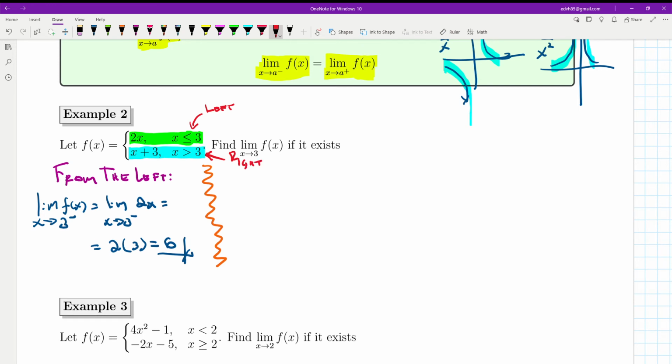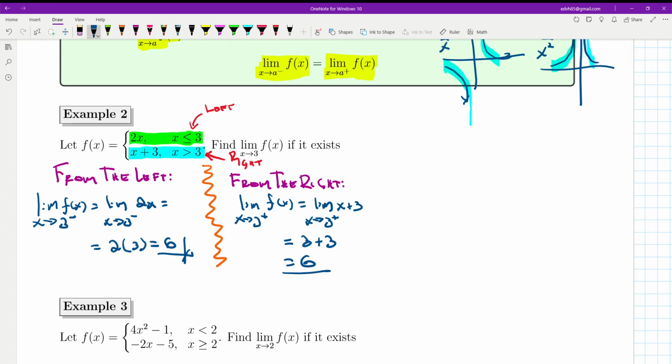From the right, we will calculate the limit of f of x as x approaches 3 from the right, and in this case we will use the expression that accounts for values of x greater than 3, which is x plus 3. As x approaches 3 from the right, that is 3 plus 3, which reduces to 6.